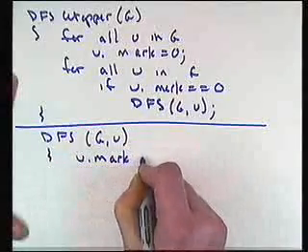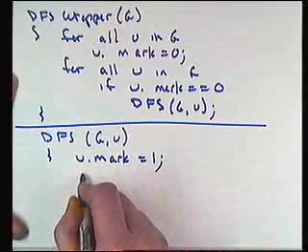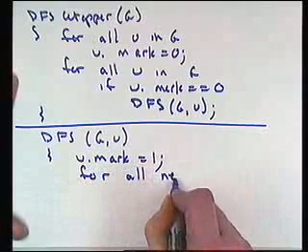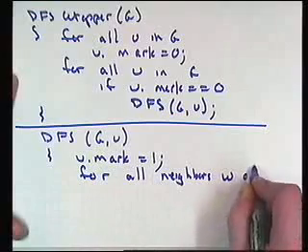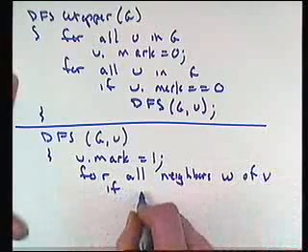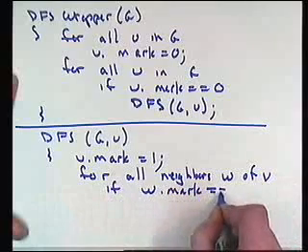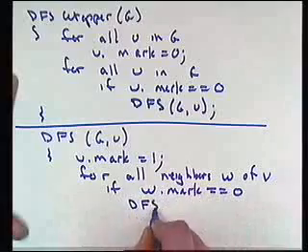Say when I do a depth first search on a vertex, I mark it. And then I say, for all neighbors W of V, if W.mark is equal to 0, then we'll call DFS on W.